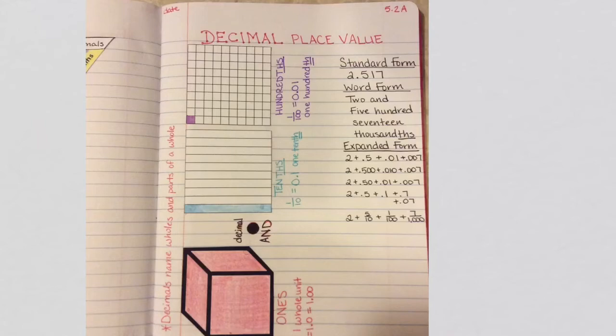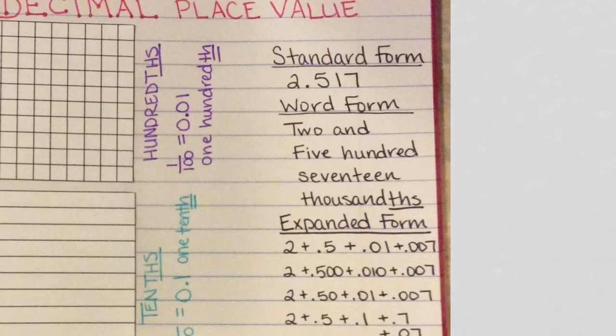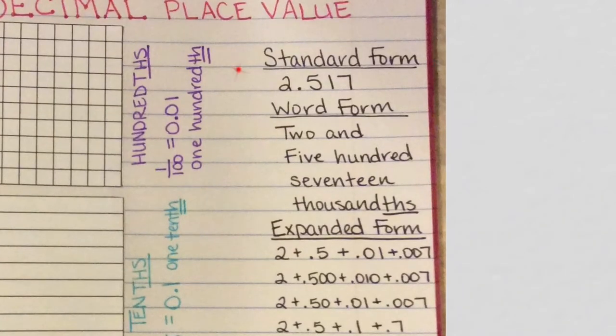And just like with regular place value, we've got some different forms that we can use. We have standard form, which is just the normal way to write it. It's in its uniform, it's standard attire, just like you wear every day. We can do it in its word form, and that's where that decimal comes into place as saying the word and, like I was talking about before.